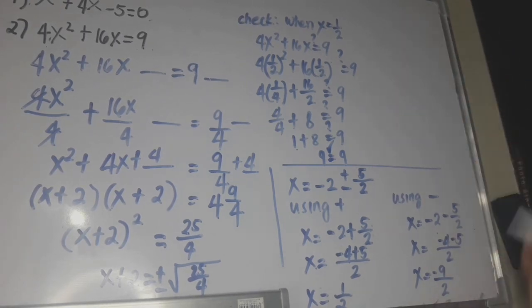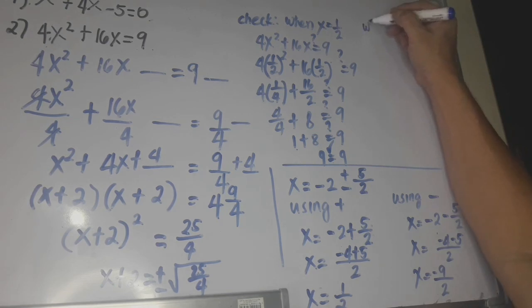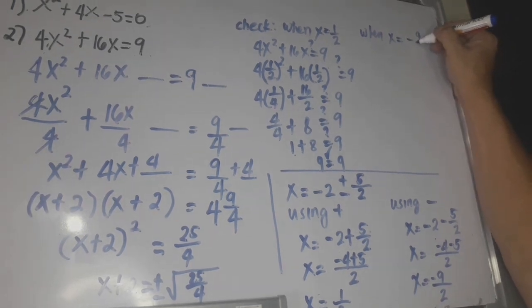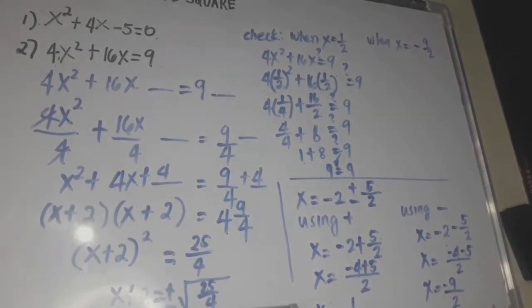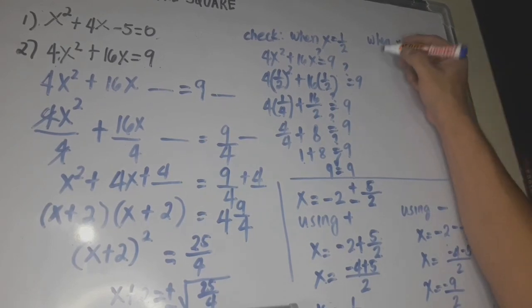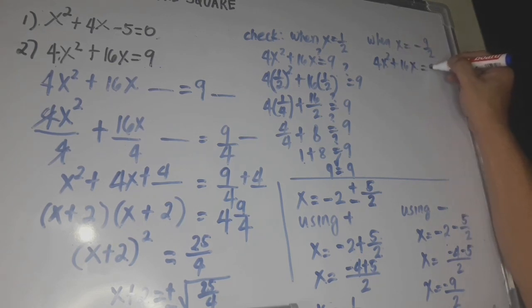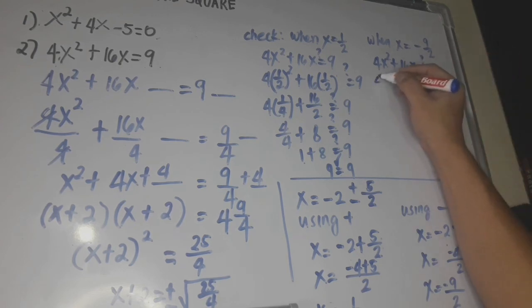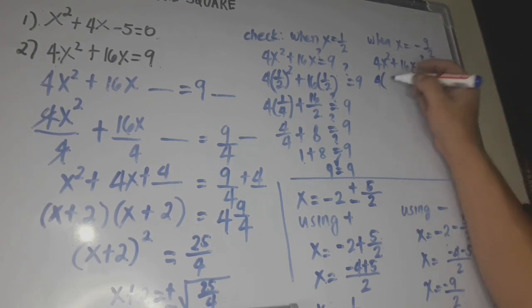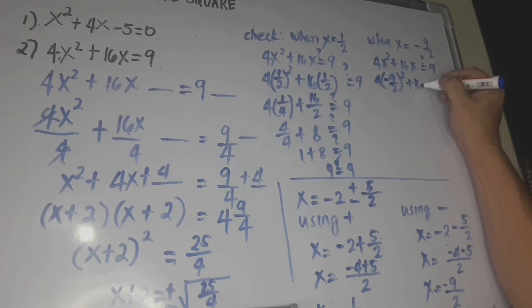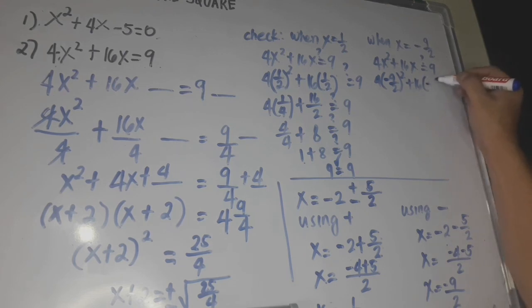Another, when x is negative 9/2, rather. Substituting to the original equation, 4x squared plus 16x equals 9. 4 times, since x is negative 9/2, squared plus 16 times negative 9/2 equals 9.